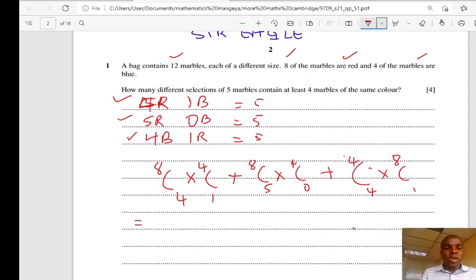Then punching in your calculator, what we get here: 8 choose 4 times 4 choose 1, plus 8 choose 5 times 4 choose 0, which is 1, plus 4 choose 4, which is 1, times 8 choose 1.